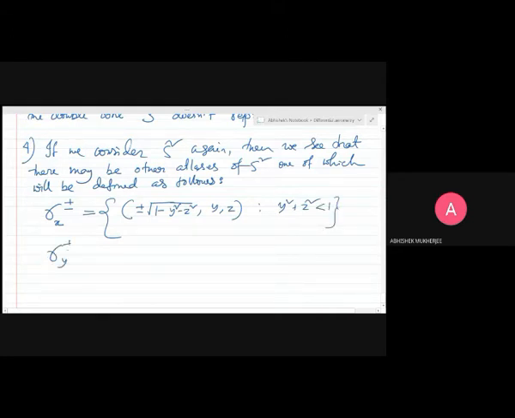Sigma y plus minus is x, plus minus square root of 1 minus x square minus z square, z, where x square plus z square is less than 1.